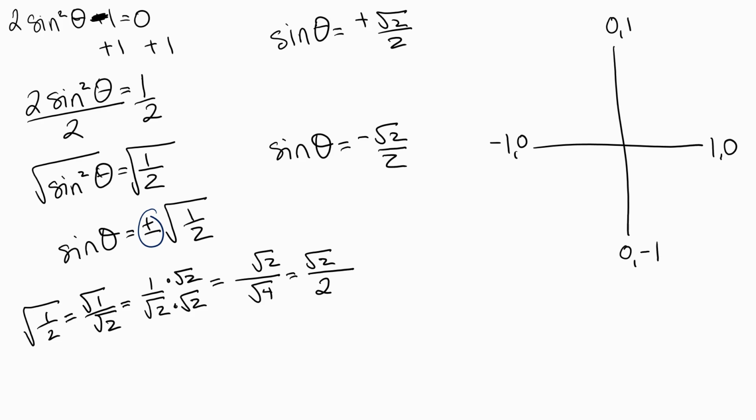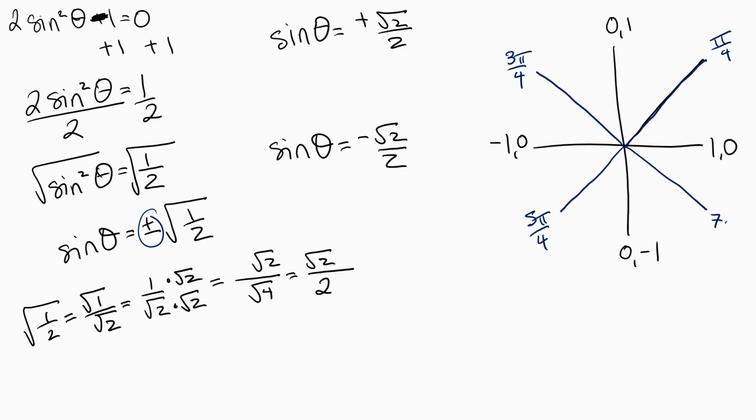So root 2 over 2 has to do with our pi over 4s. There we go. So this is pi over 4. This is 3 pi over 4. This is 5 pi over 4. And over here, 7 pi over 4. All right, so now we can also go through and add our coordinates.